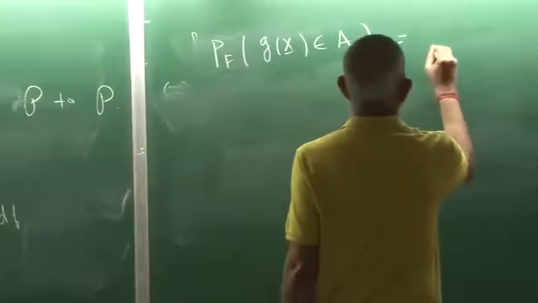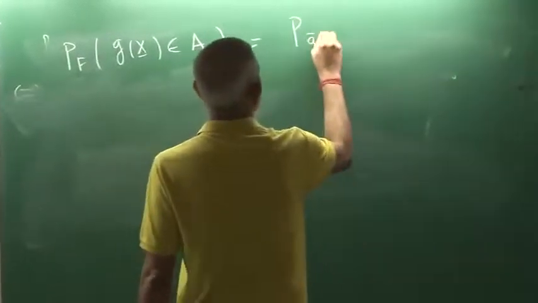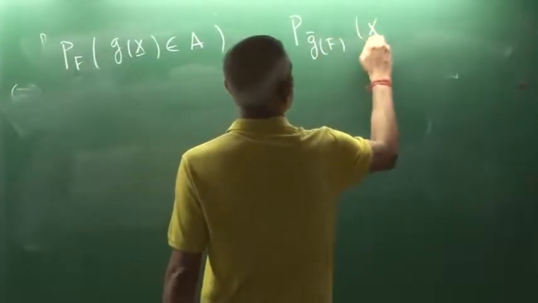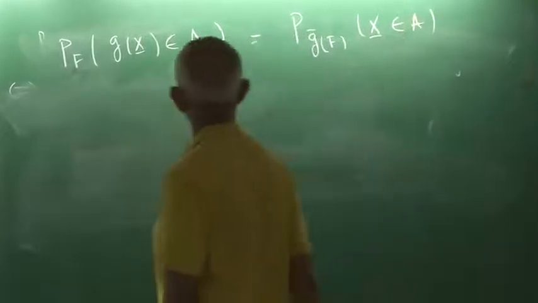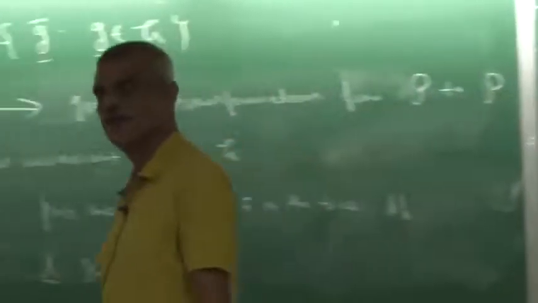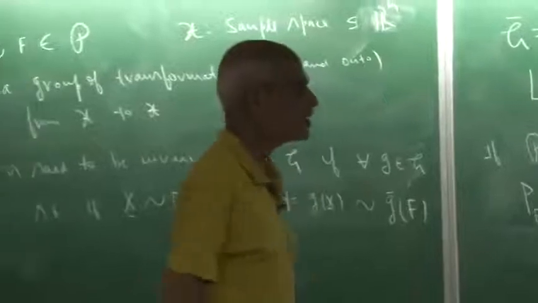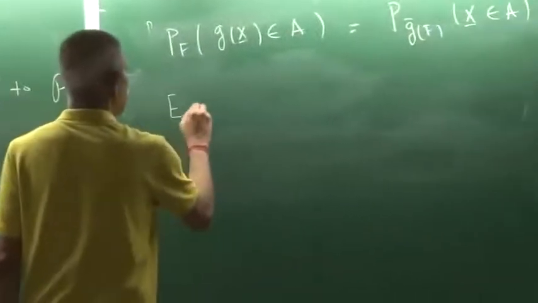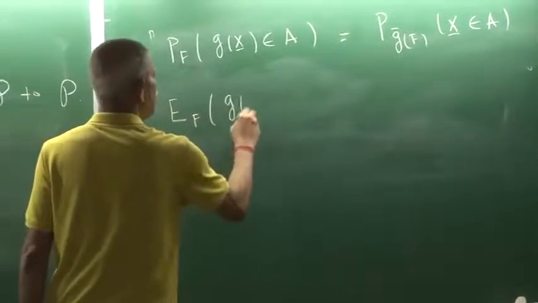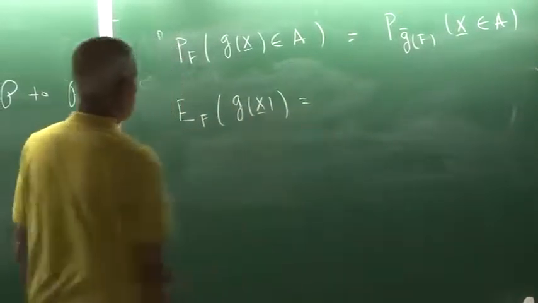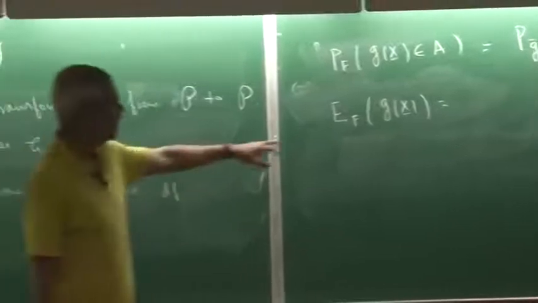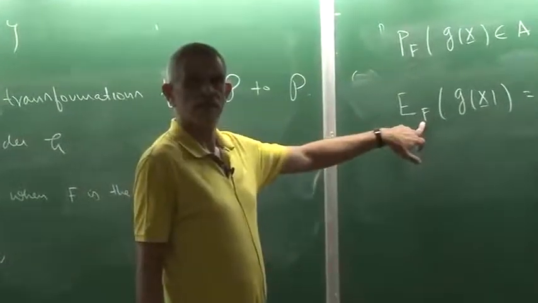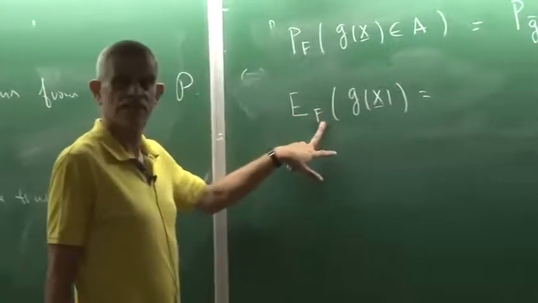So this is the same as P of g bar of f that x belongs to A. In other words, if you write everything in terms of expectation, E_f of g(x), which is the expectation under the assumption that x has a distribution function f.